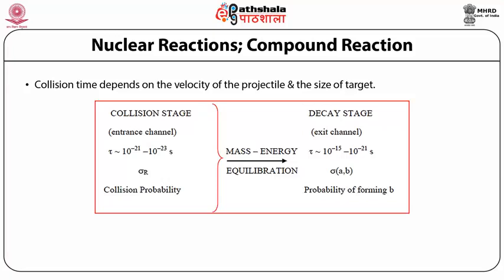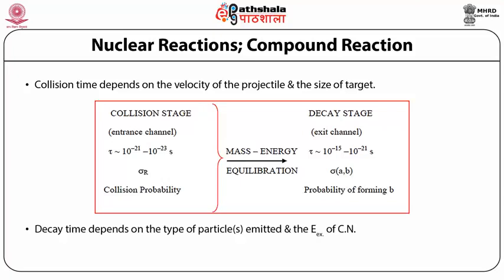After that, once things settle down, the decay of the compound nucleus happens, and the decay stage is called the exit channel. This decay happens in the time range of 10 to the power minus 15 to 10 to the power minus 21 second, and for that exit channel we have the cross section sigma AB, that is, the probability of forming particle B.